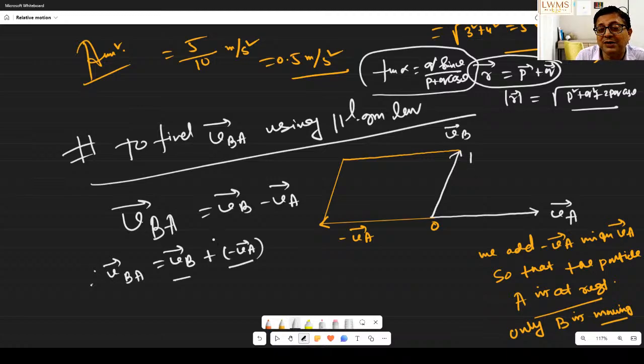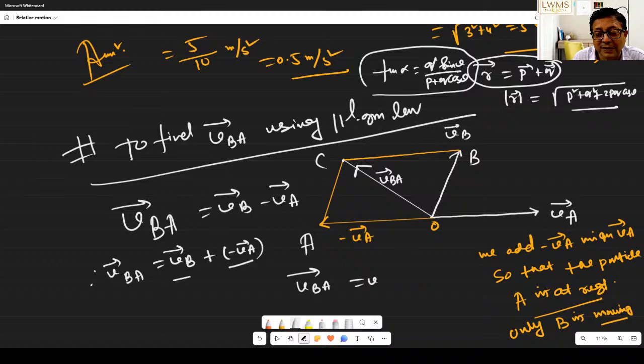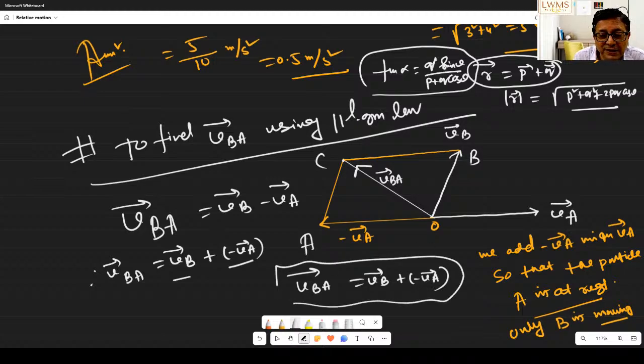This is B, this is A, this is C. This diagonal will represent the sum of these two velocities. Isn't it? This way you get VBA.